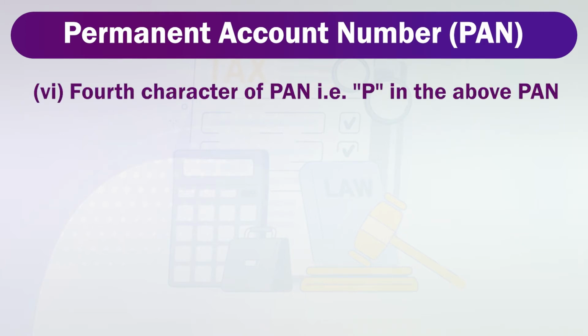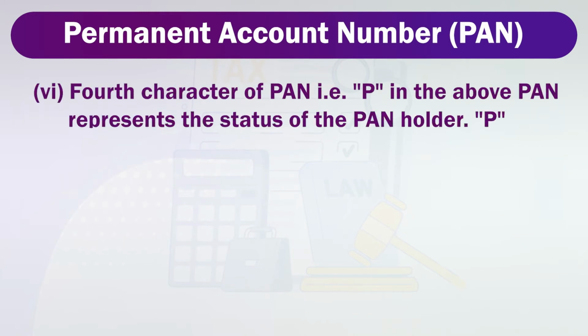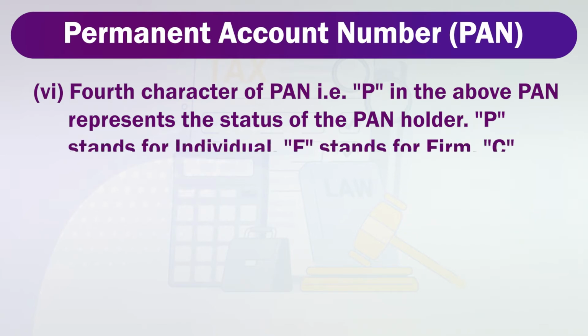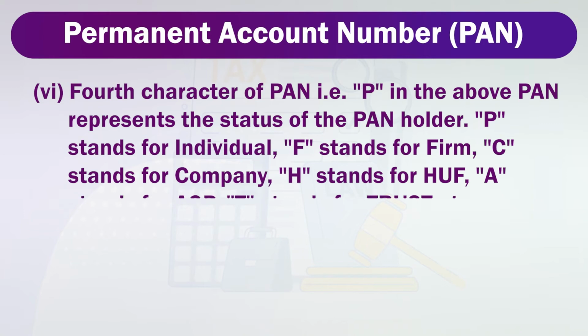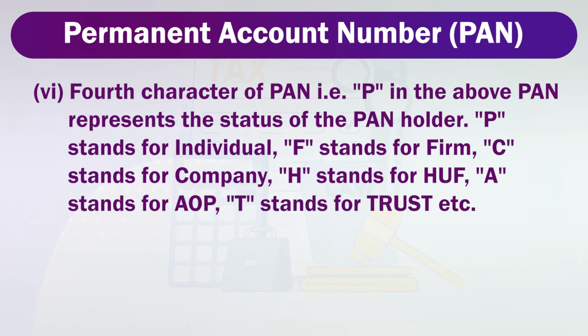The fourth character of PAN, that is P, in the above PAN represents the status of the PAN holder. P stands for individual, F stands for firm, C stands for company, H stands for HUF, A stands for association of persons, T stands for trust, etc.